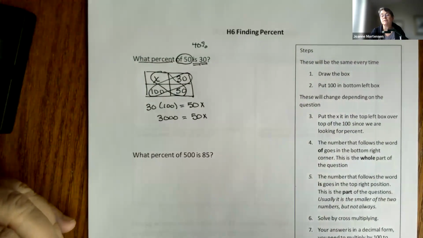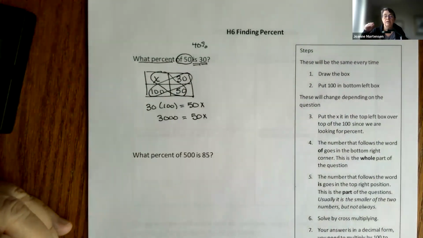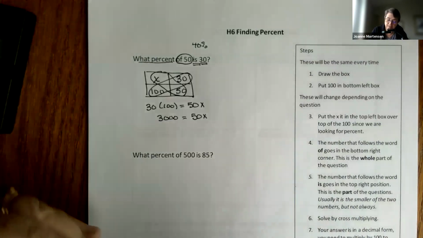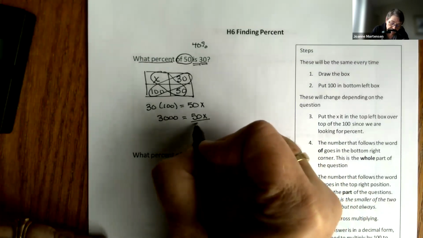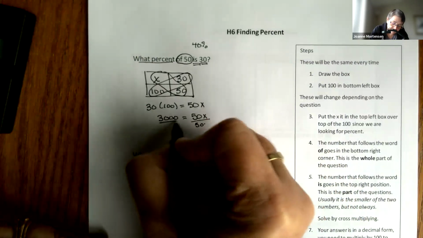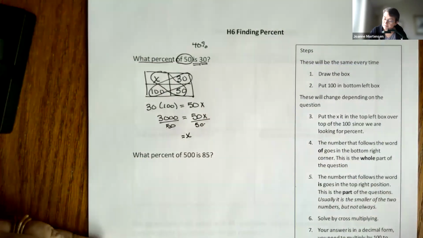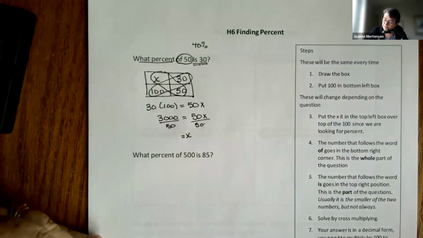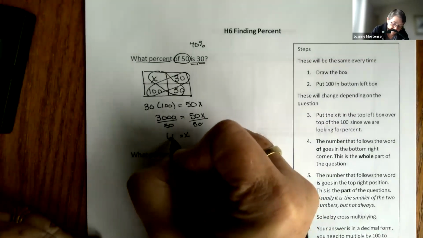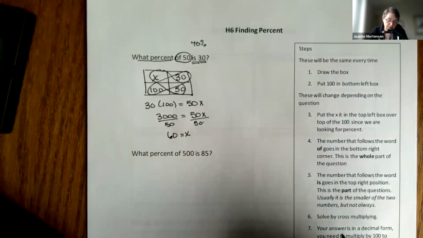Every single question we did in the previous two chunks, you're always dividing by 100. So this one's going to change. You divide by whatever is beside x. So 3,000 divided by 50 should be 60. Yep, 60. Okay.